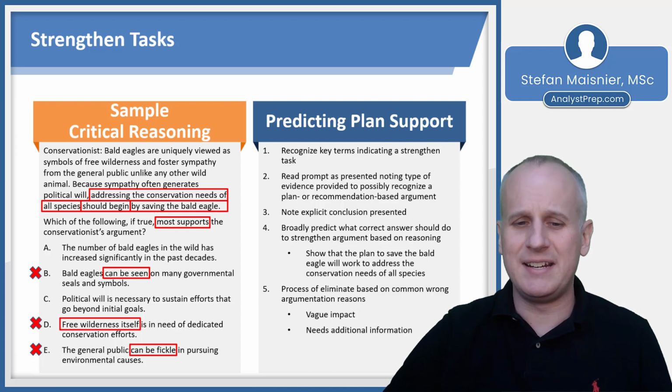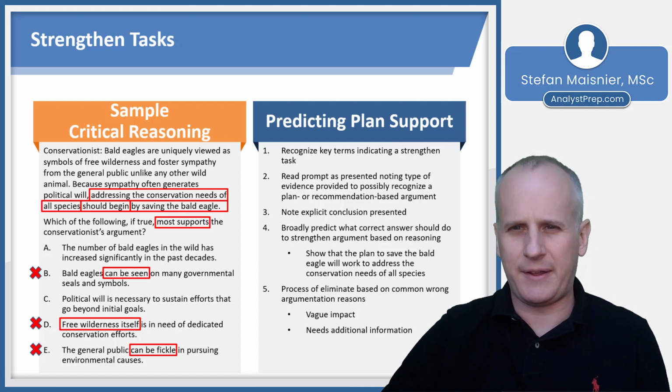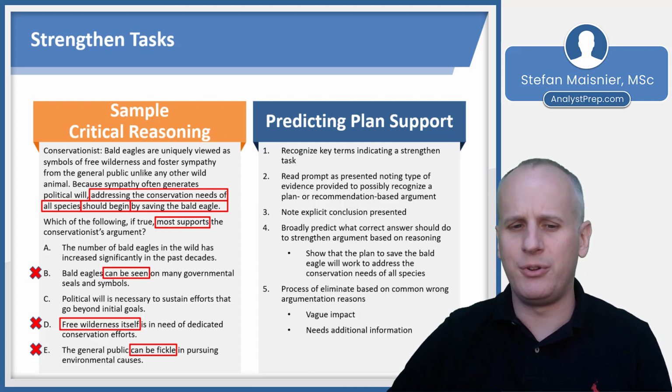Then we've got things that need additional information. Choice D says free wilderness itself is in need of dedicated conservation efforts. Okay, there's a lot of vagaries here as well. What kind of efforts, how much of the free wilderness, and honestly, if we're thinking about free wilderness being in need of dedicated conservation efforts too, then that may be a little bit earlier than saving the bald eagle.